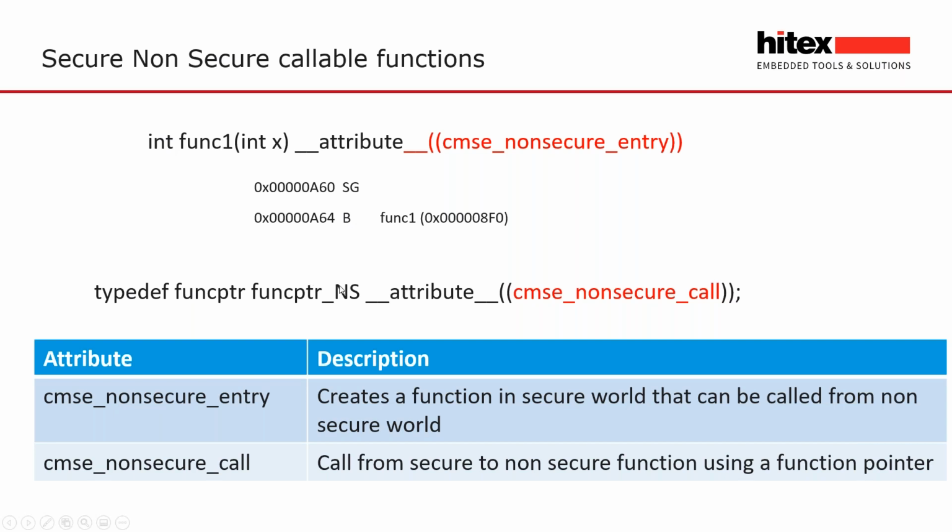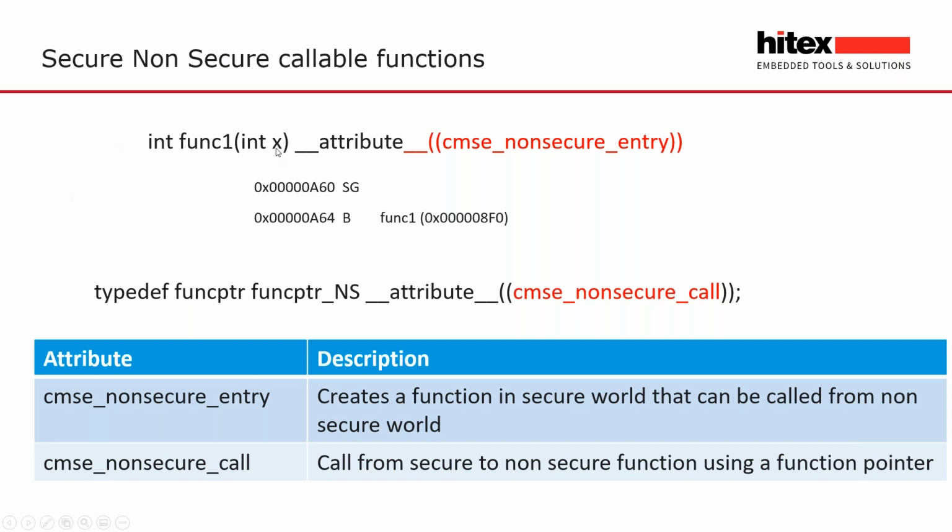Similarly, if we want to call functions that are in the non-secure region and we're in the secure region, we can define a function pointer that allows us to call the non-secure functions. So again, typically we'll enter with a call from the non-secure region to a secure function.